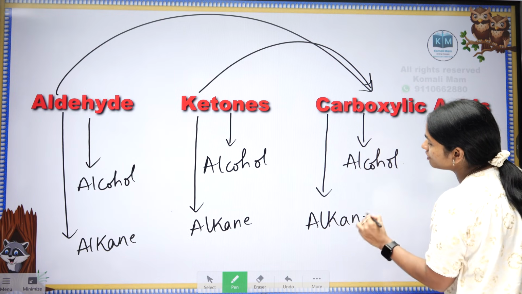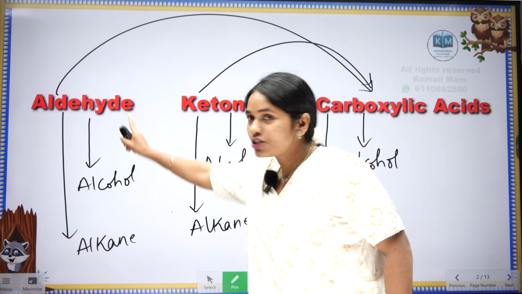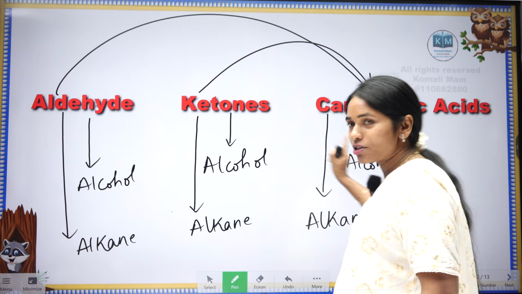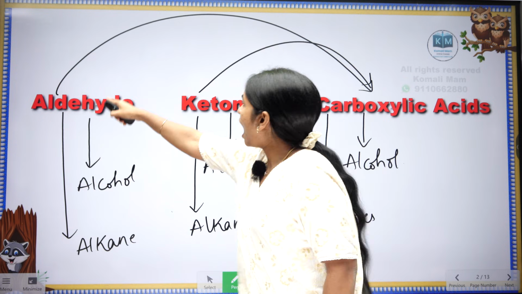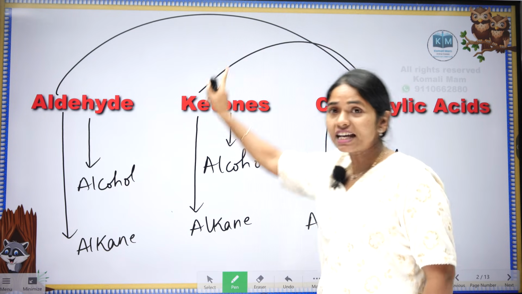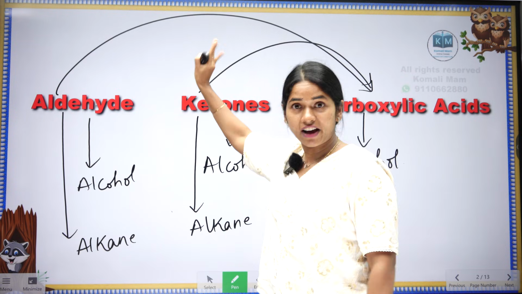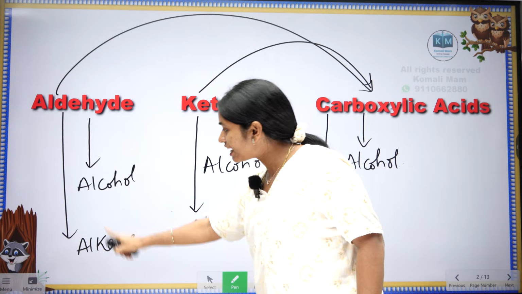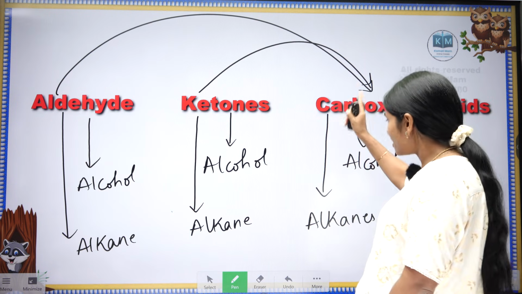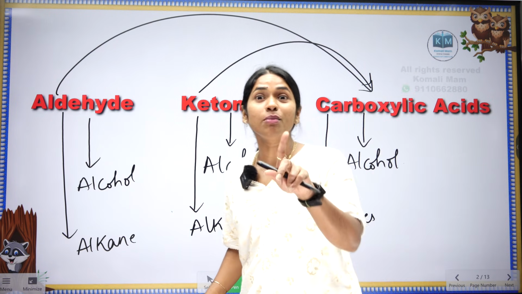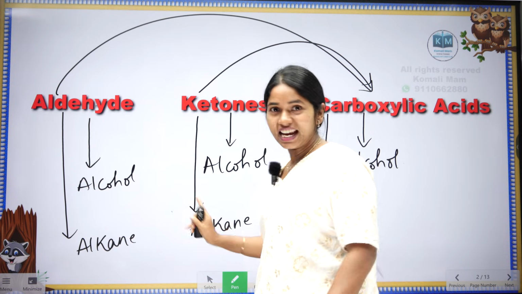So total how many conversions? Aldehydes to alcohol, ketones to alcohol, carboxylic acids to alcohol, 3 conversions. Directly aldehydes to carboxylic acids or ketones to carboxylic acid, 2. 3 plus 2, 5 conversions. Next, aldehyde directly to alkanes, ketones directly to alkanes, carboxylic acid directly to alkanes, 3. 5 plus 3, 8 conversions.